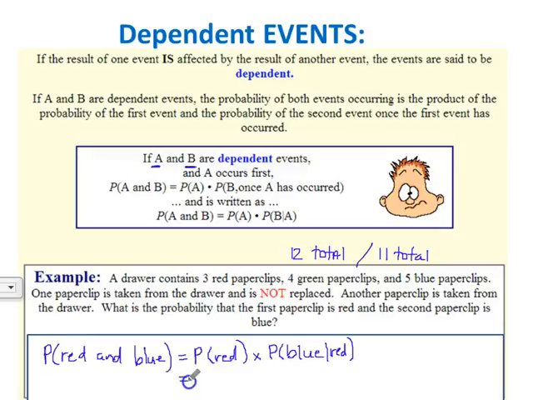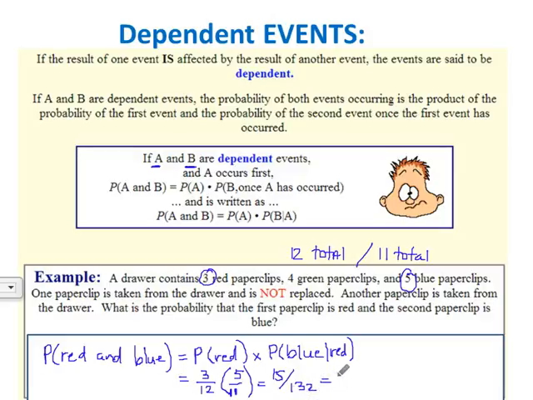The probability of choosing a red, we've got 3 red, so it's 3 out of 12. And then the second chance of choosing a blue, there's 5 blue, but now there's only 11 total to choose from. So our denominator is going to be different there. Let's do the math. 5 times 3 is 15, and 12 times 11, really it's our denominator that's changing in this case, is 132.